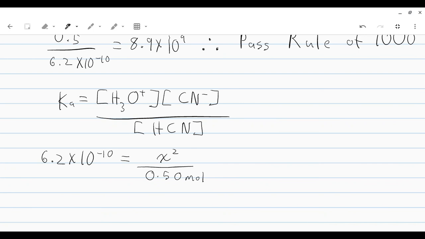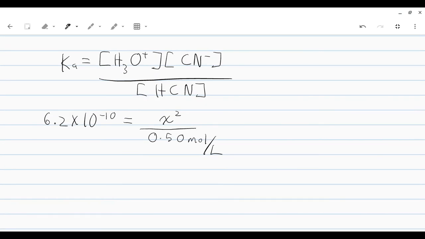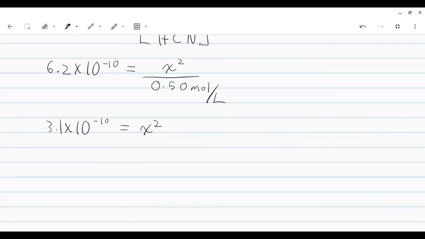Next thing we're going to do, we're going to bring the 0.5 mole per liter over. That means we're going to have 3.1 times 10 to the negative 10 is equal to x squared. And in order to find x, we're going to take the square root of that.